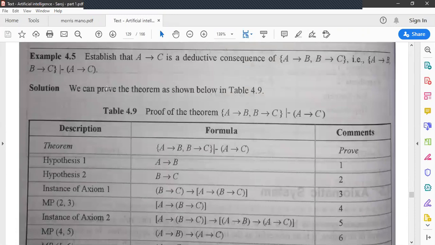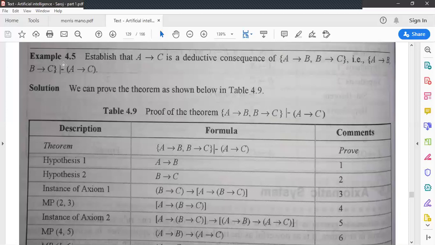Look at this example. In this, there is a formula given, A implies C, which is a deductive consequence of A implies B, comma B implies C. So this can be written in this form.